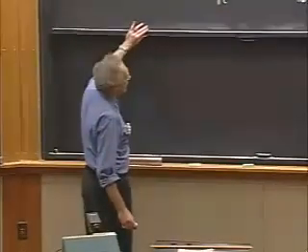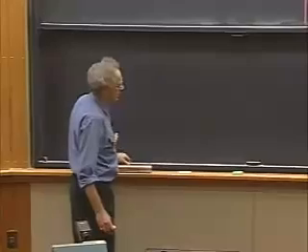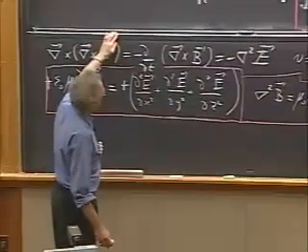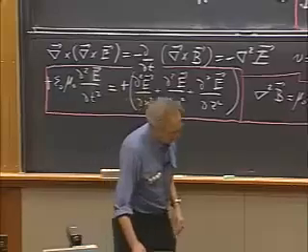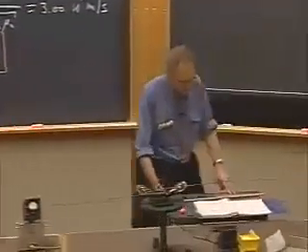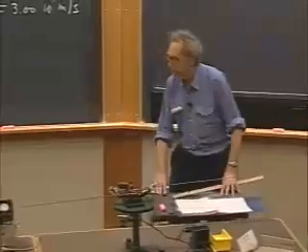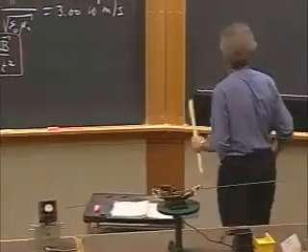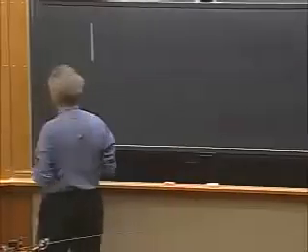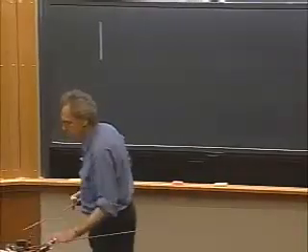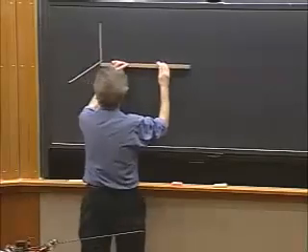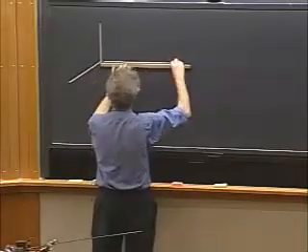So now I would like to make a sketch of what this electromagnetic wave looks like. And I will make an attempt to make you see it. It's not so easy, but I'll make an attempt. So here is the x direction, and here is the y direction, and let this be the z direction.